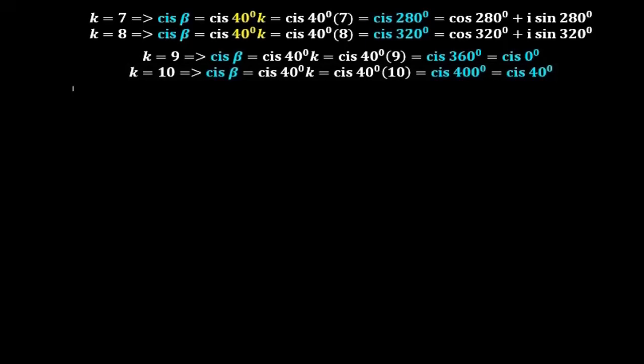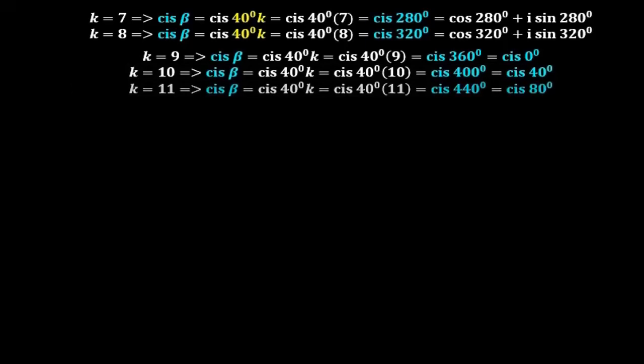They are coterminal. K equals 11, cis 40 times 11 is cis 440, that is cis 80 degrees. They are coterminal. And so on. It continues to infinity.